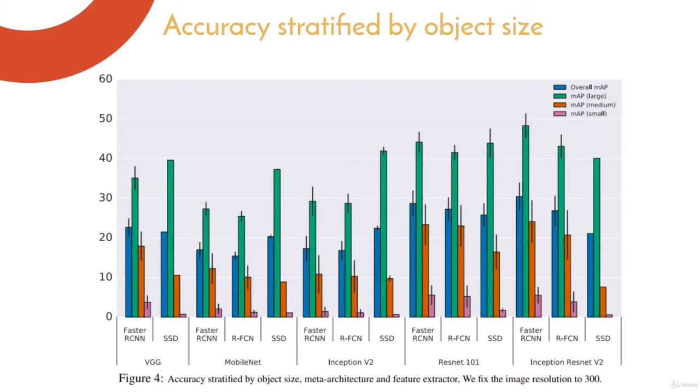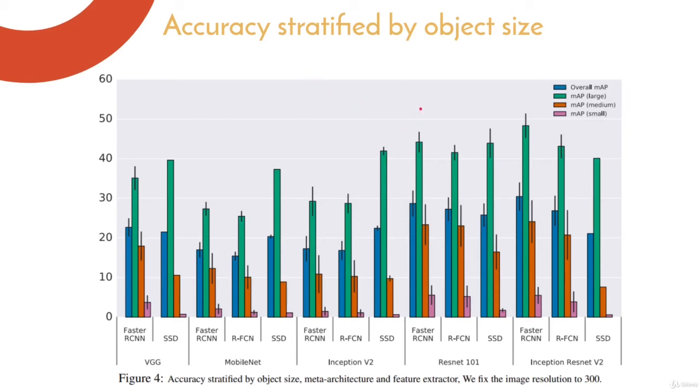So generally speaking, when we look at the different public data sets that exist, we see the same objects in small size and in large size. But depending on your application, maybe you have a fixed camera that's looking at something specific, and you always know that the thing that you want to detect is small.